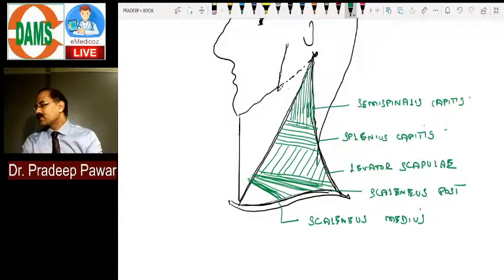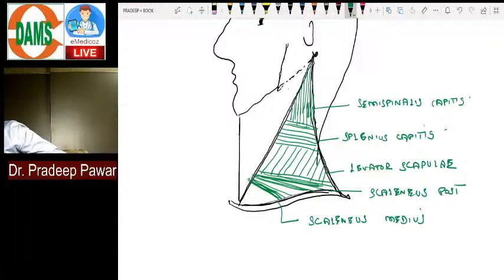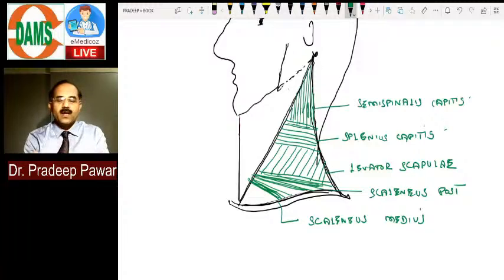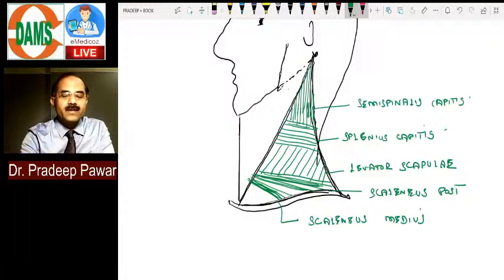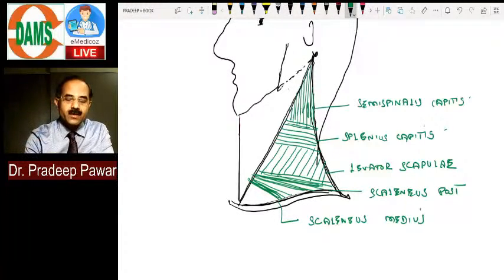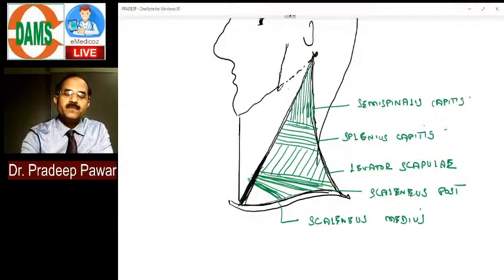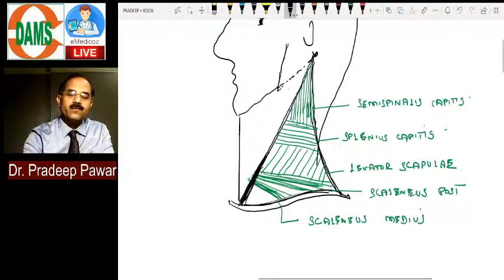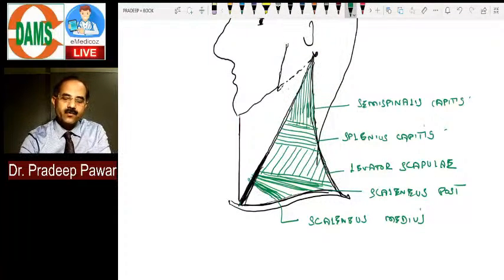First we used to consider scalenus anterior also in the floor of the posterior triangle. But recent editions of Gray do not include scalenus anterior, because it lies behind the sternocleidomastoid. So we do not include scalenus anterior in the floor.